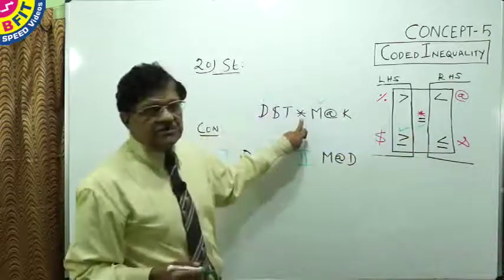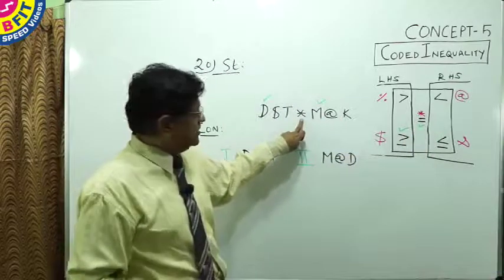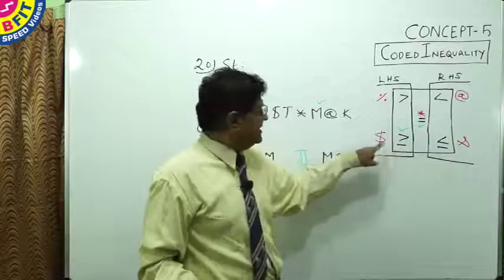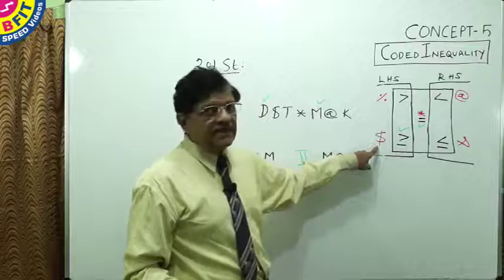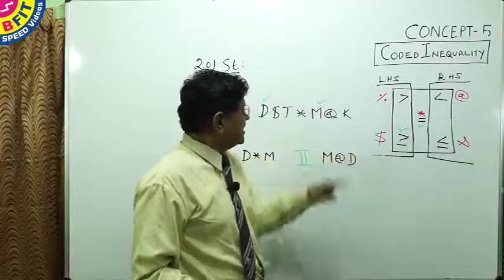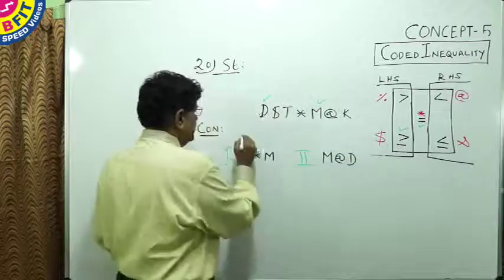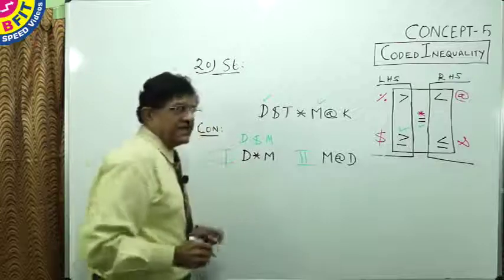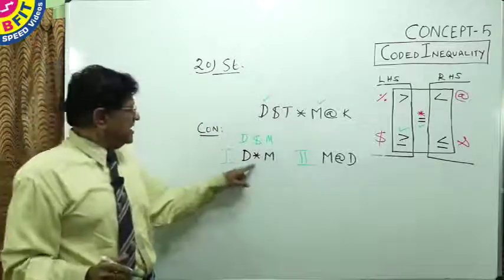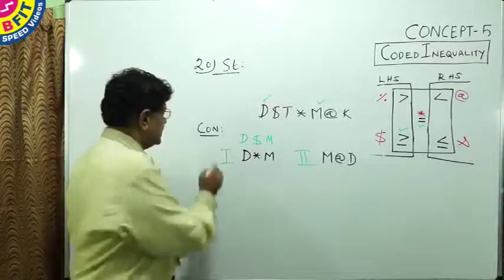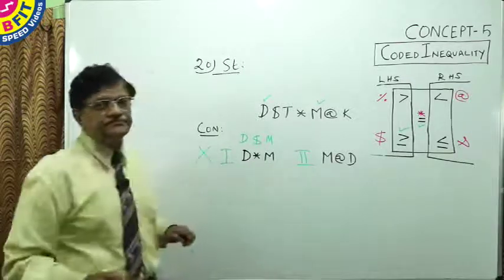So we are not crossing to the other side, therefore a valid conclusion is possible. Between these 2 symbols, dollar has higher priority, therefore dollar is the correct symbol between D and M. So D $ M is the correct answer. But unfortunately, we are asked to verify D star M. Therefore, this conclusion is wrong.